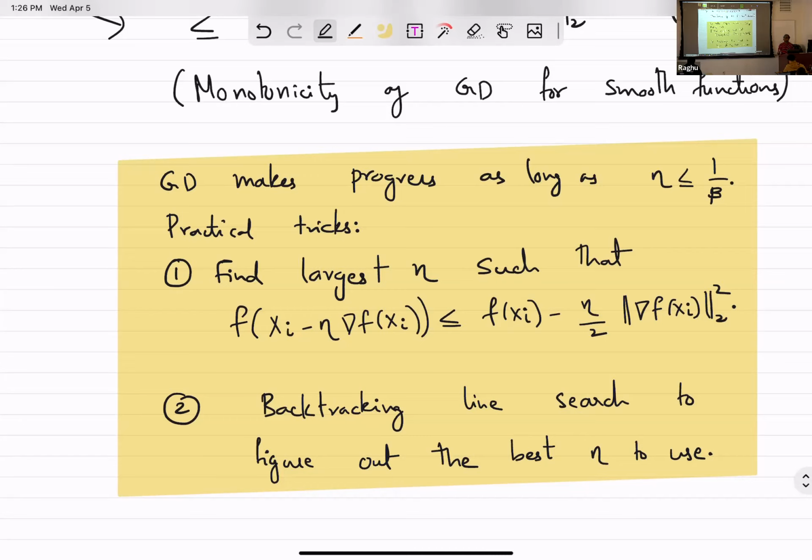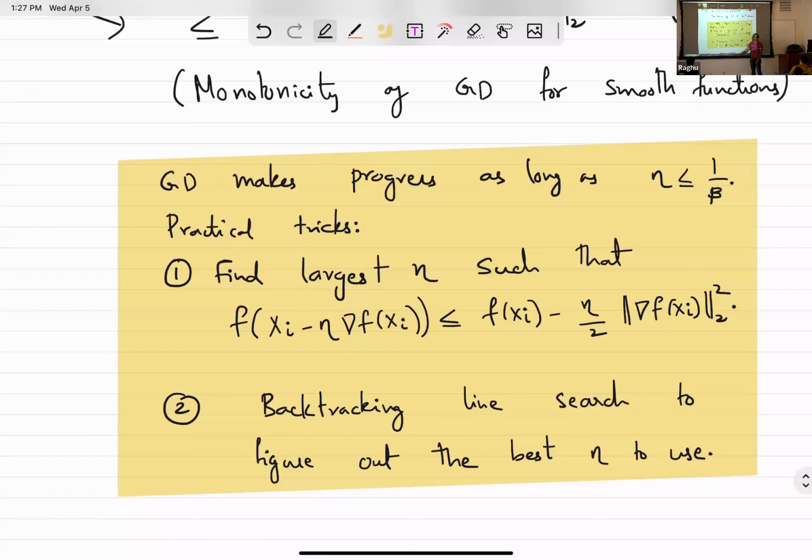The backtracking line search, what exactly are you backtracking? Essentially, you choose a big eta, you see that the condition is violated, then you backtrack your eta. You might use something like binary search, which is a way to do this.